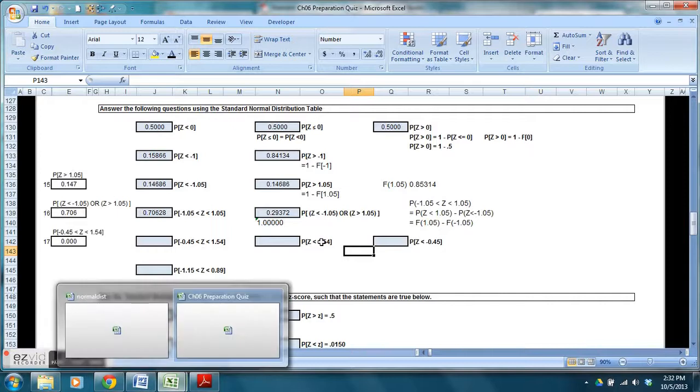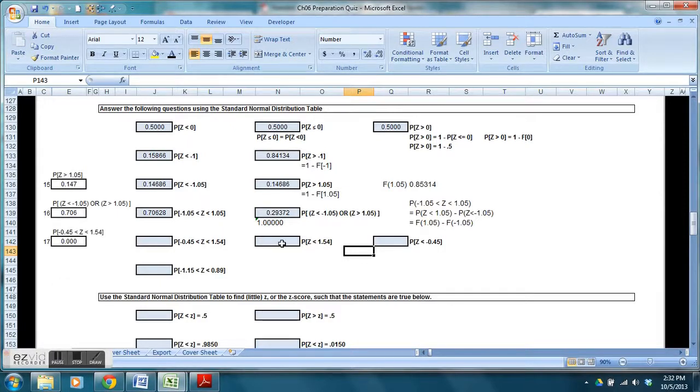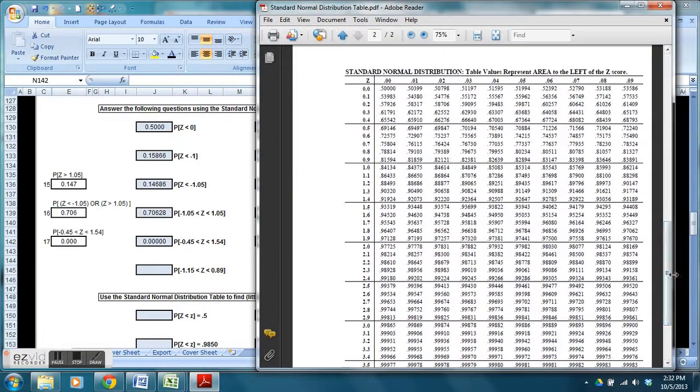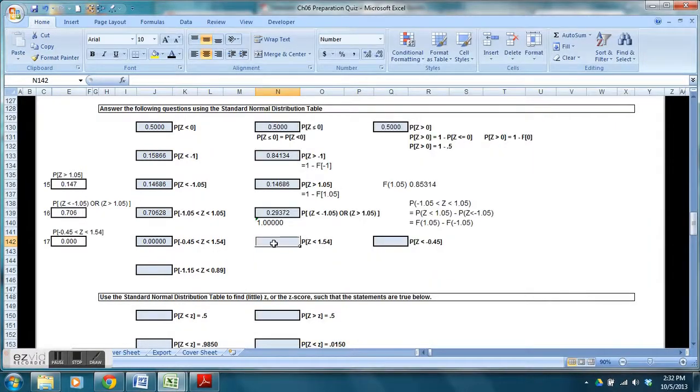Go back to our other workbook. Control Tab actually switches it automatically. This is going to equal the probability that z is less than 1.54 minus the probability that z is less than negative 0.45. So what's the probability that z is less than 1.54? Look it up in our table. Find 1.54 right here. That represents the probability of everything to the left of that: 0.93822.